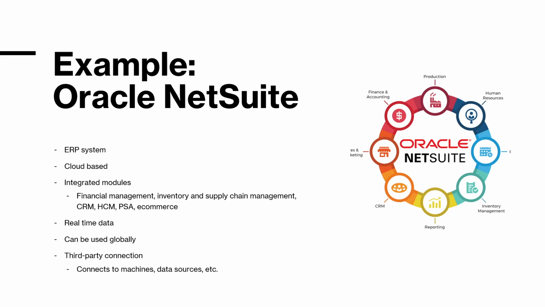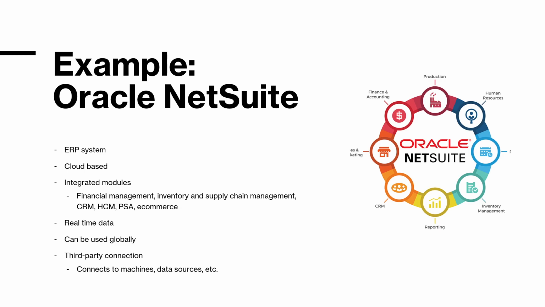Finally, it has a lot of third-party connections available. So you can connect to any kind of machine, data source, JavaScript, any kind of different coding, and you can monitor your whole system and not have to worry about, oh, is this information system actually going to work with my specific setup?